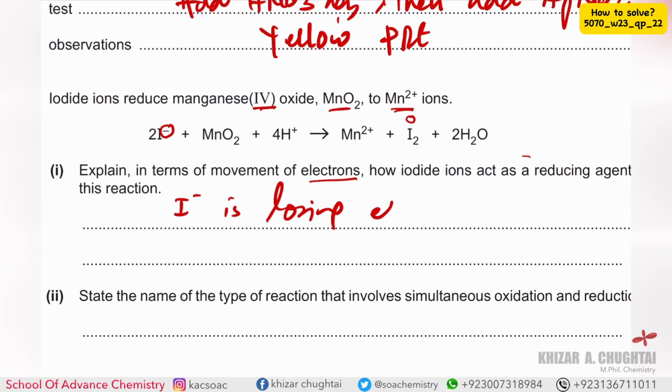to MnO2. Initially this MnO2 is plus 4 in oxidation state, and finally after the gain of 2 electron per 1 MnO2, it has been changed into plus 2. So iodide ion is losing electron to MnO2.